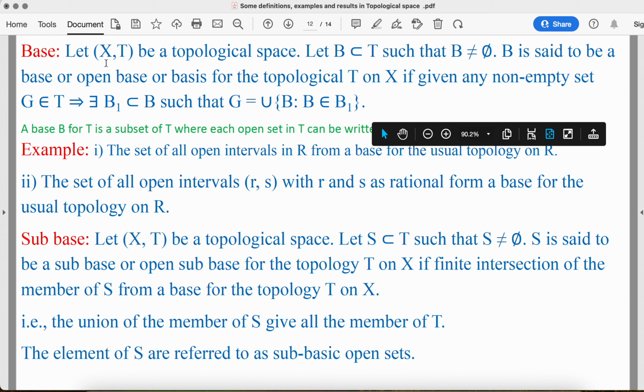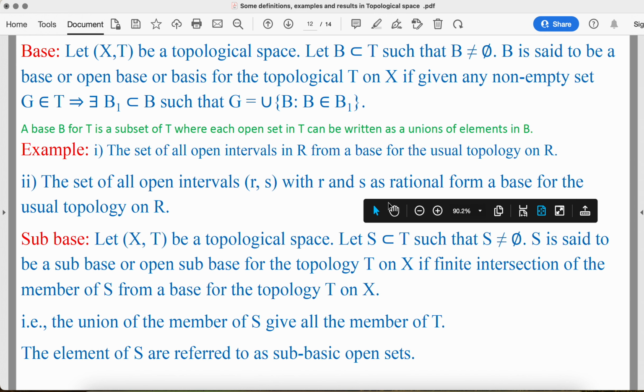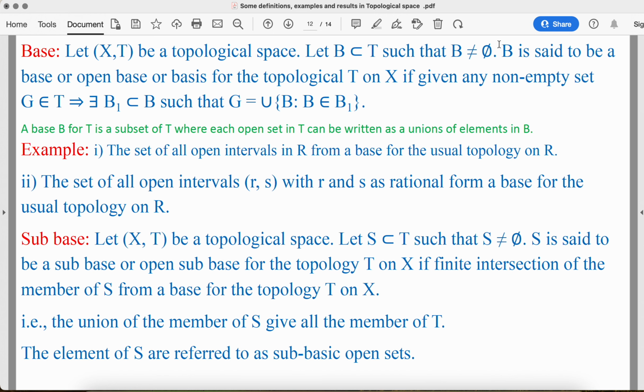Now base. Let X, T be a topological space and B is a subset of T such that B is not equal to phi.